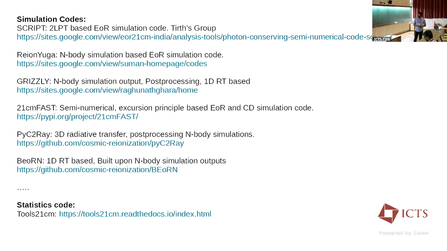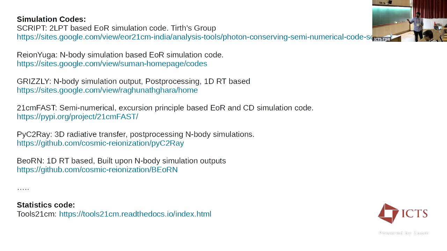Now with this, I would just like to highlight the available codes which you can use, and I know that many of you actually use some of these. Many of the statistical calculations which I was describing are available in the code named tools21cm.